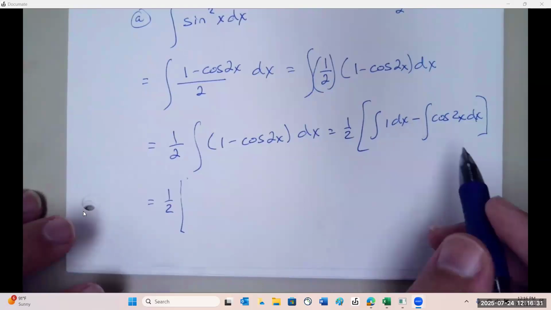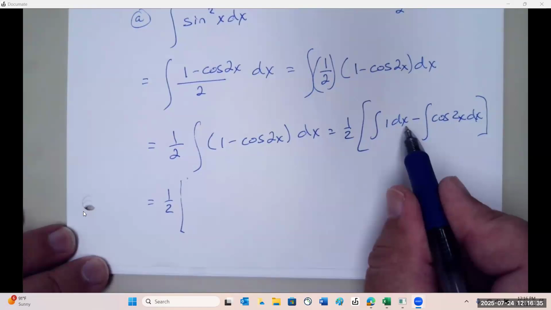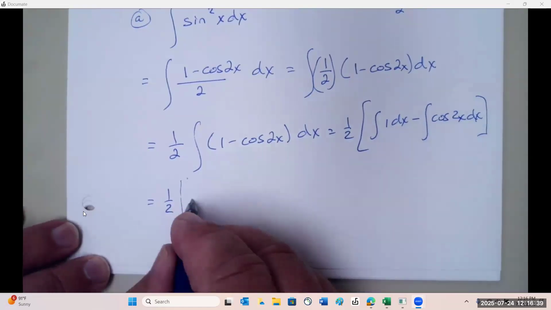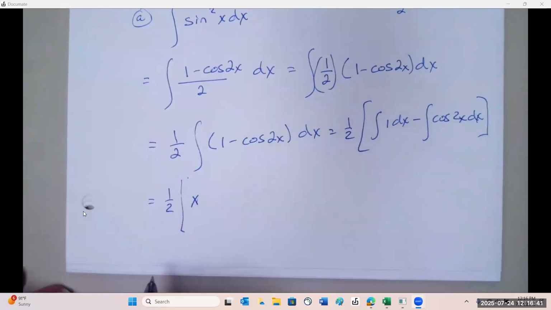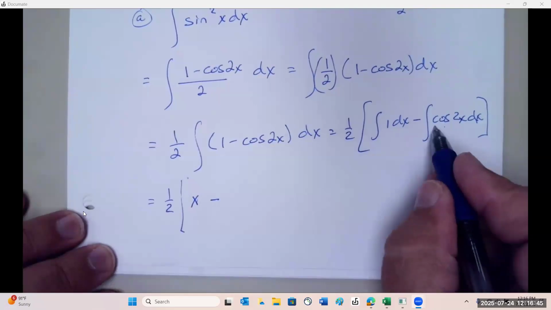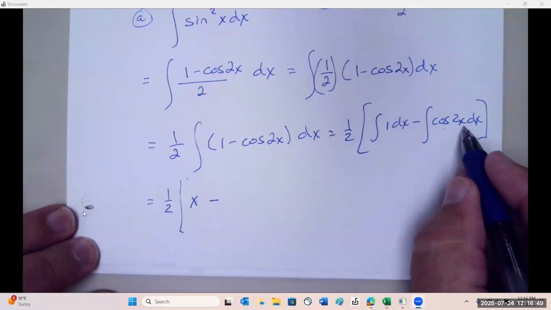What's the integral of 1 dx? x. Minus, what's the integral of cosine 2x? Well, to do this one, what do we need to have?